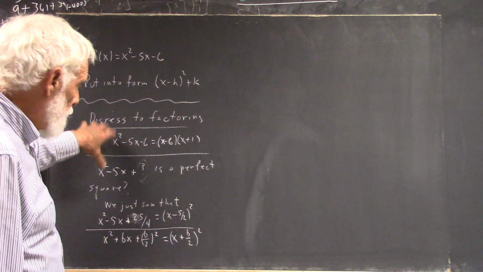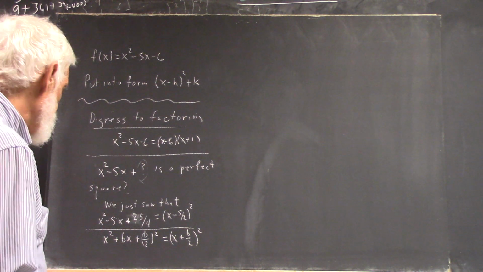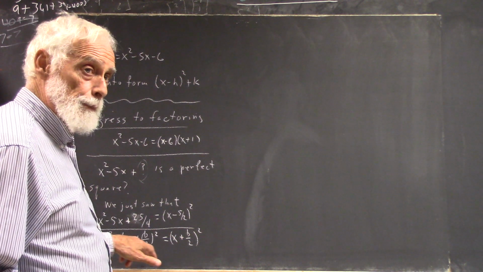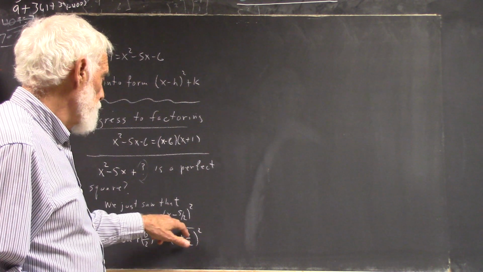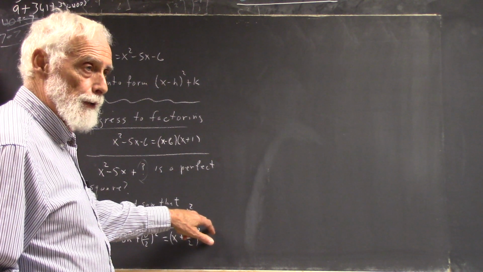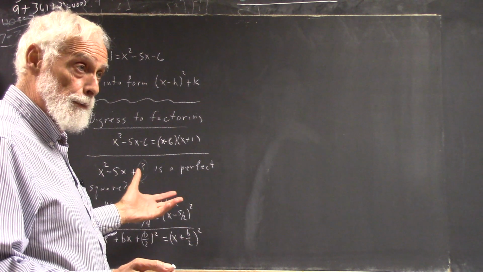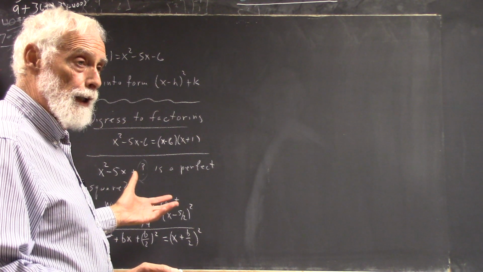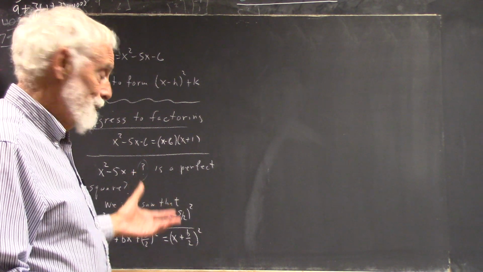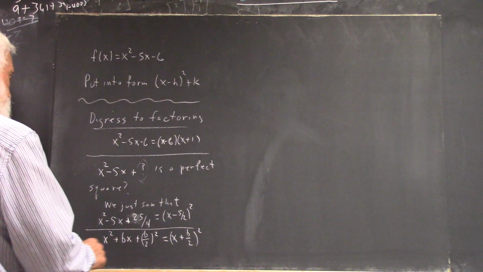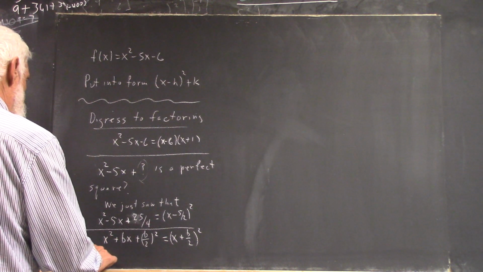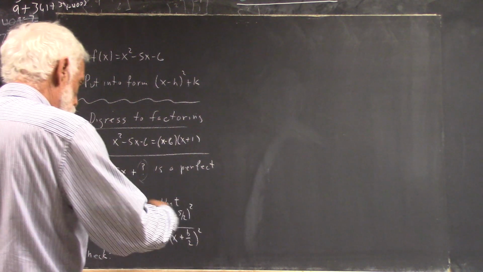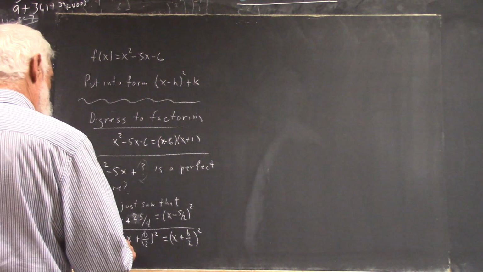So I've been kind of roundabout in getting to this, but probably mentioned too many things. So let's just verify this. Can you write out x plus b over 2 squared and then use the distributive law to square it? Well, I think you can, so I'm going to do it for you. So I'm going to say check this. I think you'll recognize this since you just squared the x minus 5 halves.